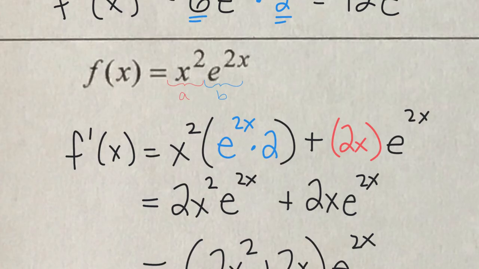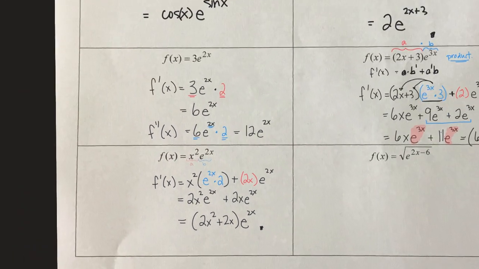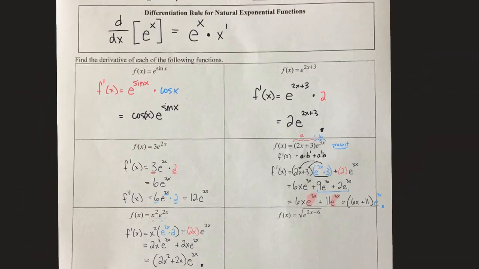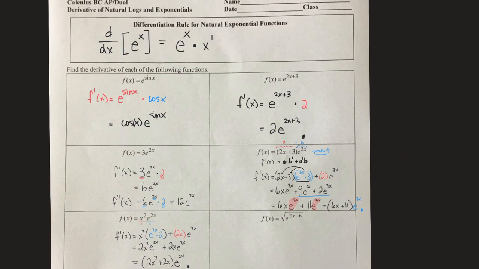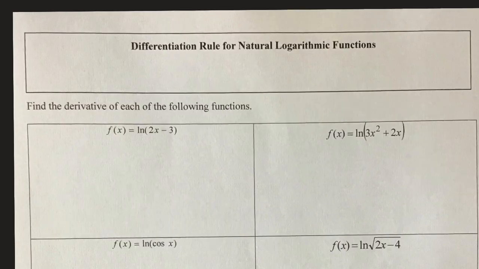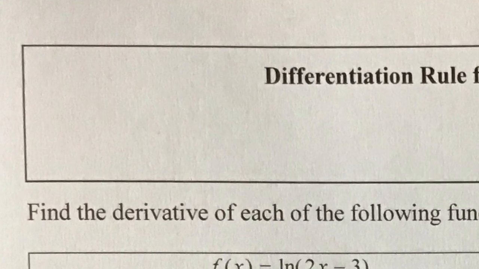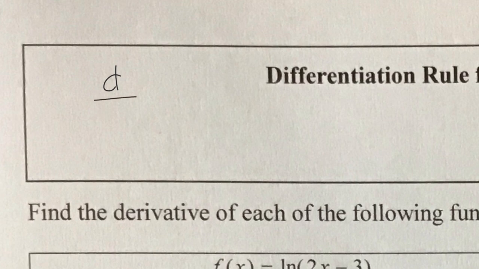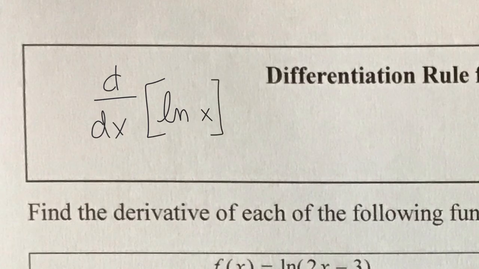So now that we've done some exponentials, let's flip the script and do some of the exponentials' inverse, which are natural logs. So derivative of natural log. Like an exponential, these are almost always chain rule problems. So remember, natural log is ln, or log base e.